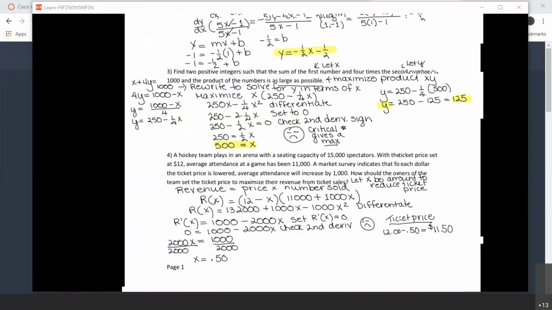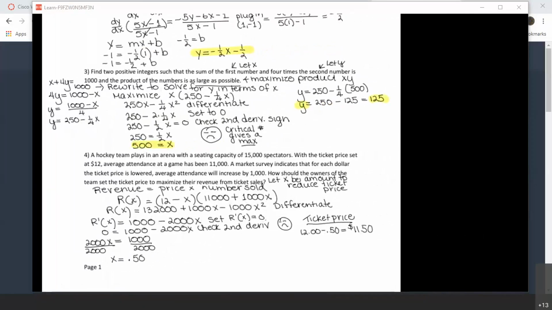And they didn't ask me for the revenue, but if you did want to figure out revenue, you would basically have to take your maximum revenue, which is $11.50 times how many people you could pack in. Well, remember, if you drop your ticket price 50 cents, that means you get half of another 1,000 people.